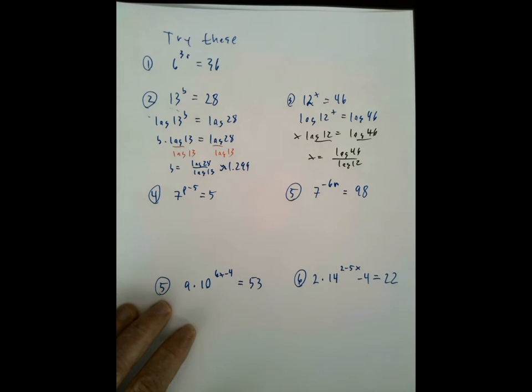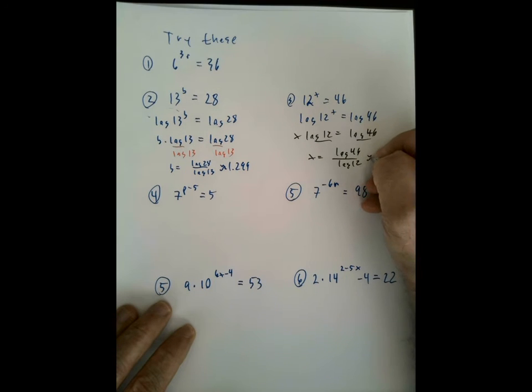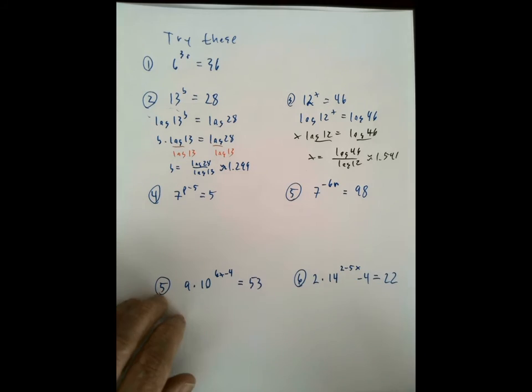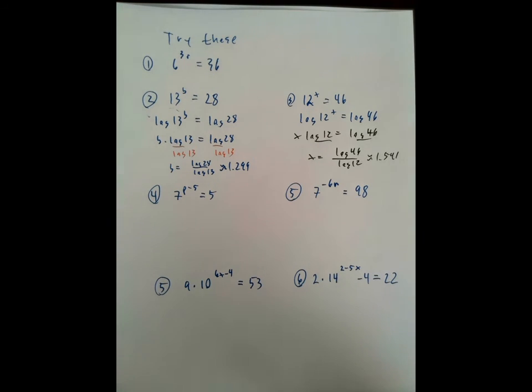Okay, log 46 divided by log 12, that's about 1.541. It's okay with me if you leave them in log form, just like that. You don't have to do the rest on the calculator.